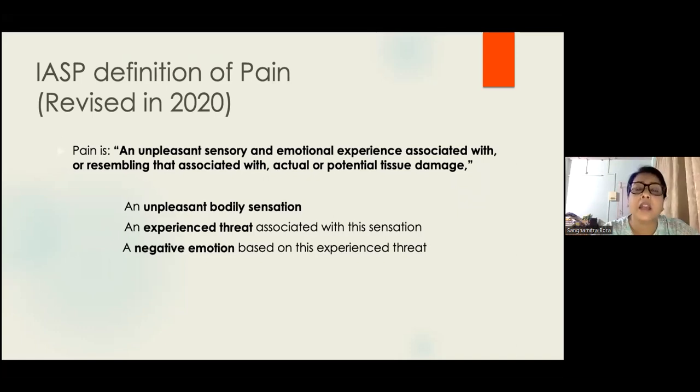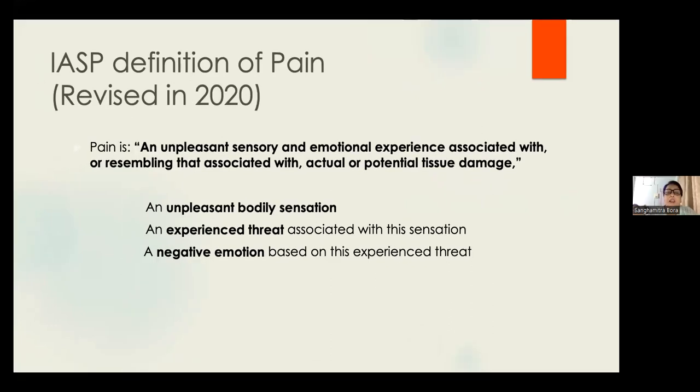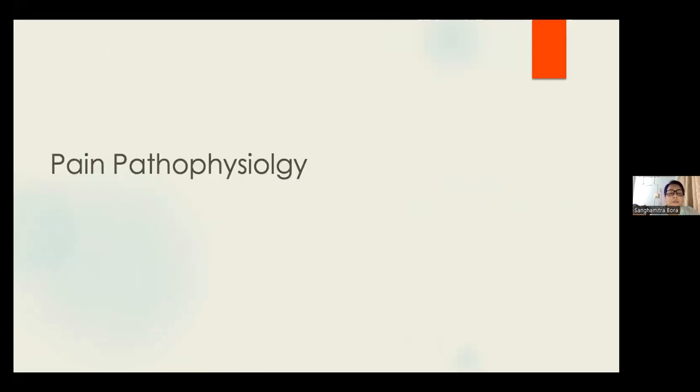So you can understand how difficult it must be for a patient who is going through pain, who is telling every time that I have pain, and who has not been understood well. Here we need to understand the unpleasantness of this bodily sensation and the threat and the negative emotion associated with it.